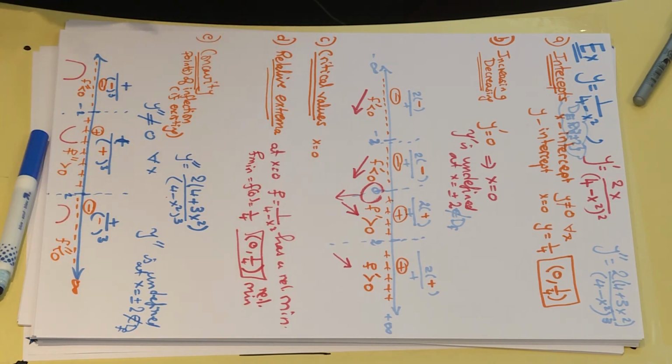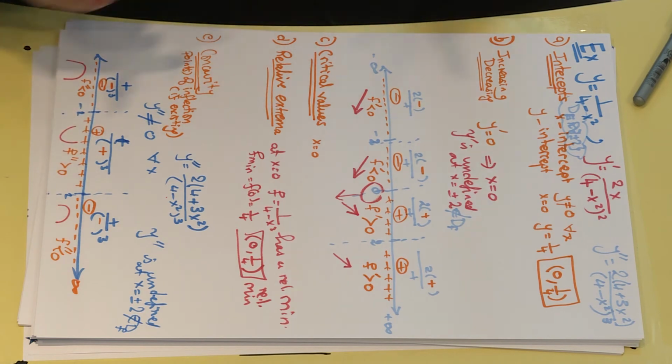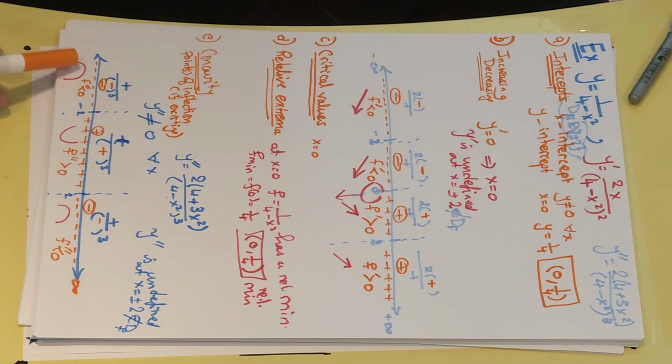Now, we can see that the concavity is changing to the right and left of -2 and to the right and left of 2. Can we say that -2 and 2 form the x coordinate of a point of inflection?